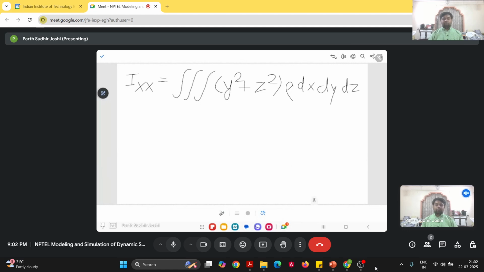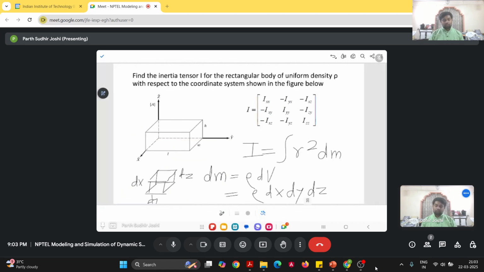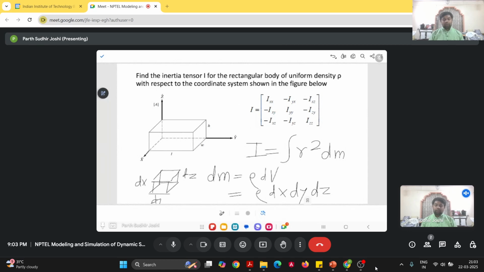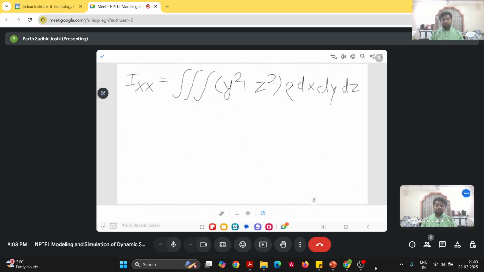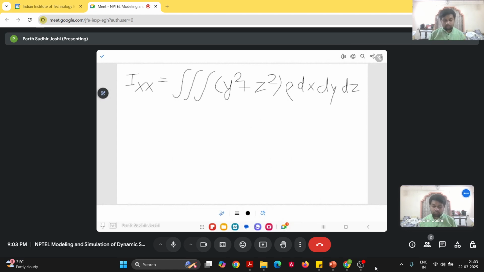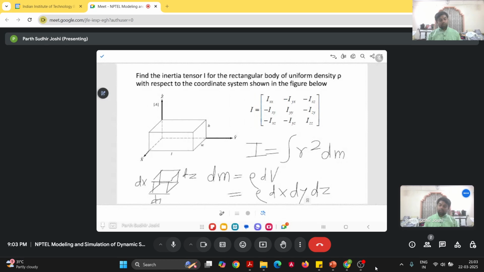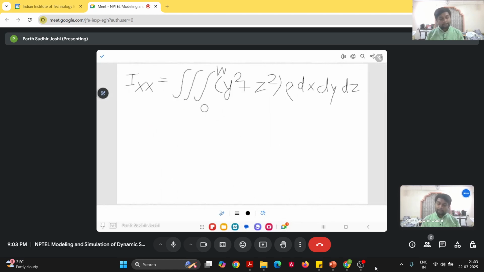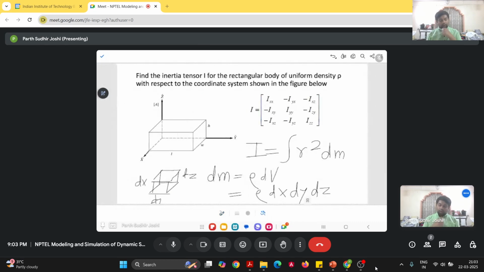So this will be the expression for the moment of inertia about the x-axis. The limits of integration are basically for x 0 to w, for y the limits are from 0 to L, and similarly for z it will be 0 to h.